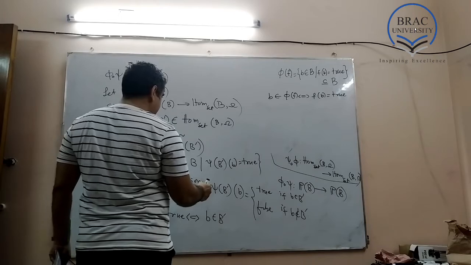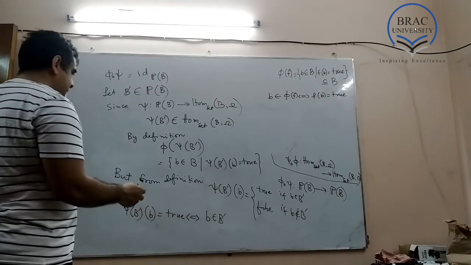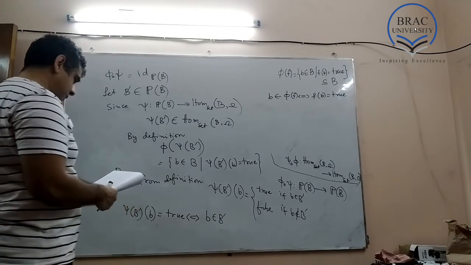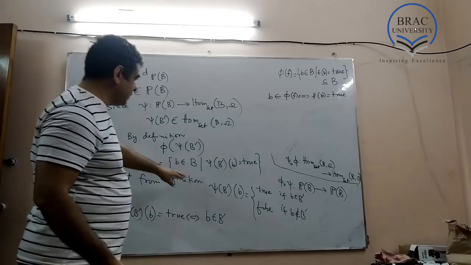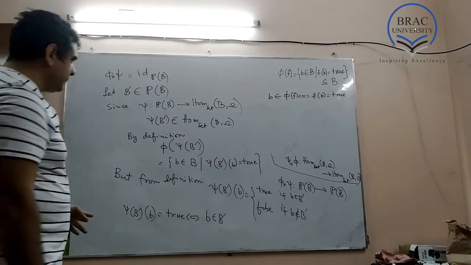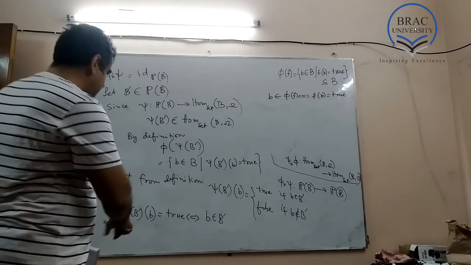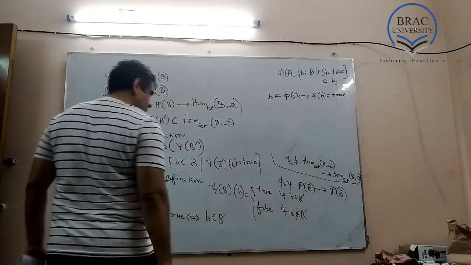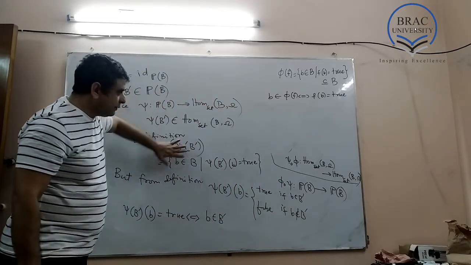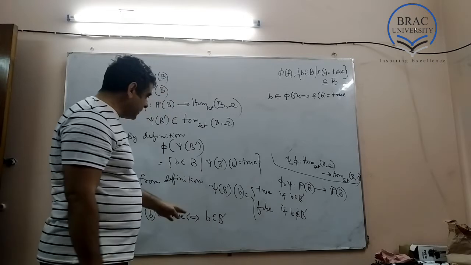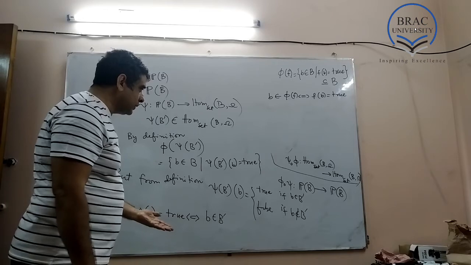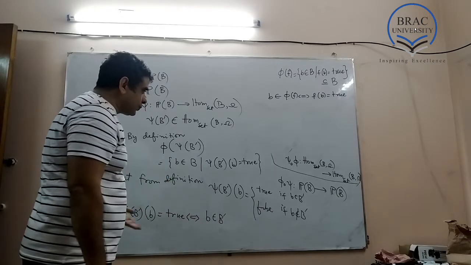So combining this with this, we see that this holds. Psi of B prime acting on b is true if b is in B prime. I think I don't need that part of the definition. It just follows from here. So you just take the first one, you don't need the later one, and then negate the right side of the first one.